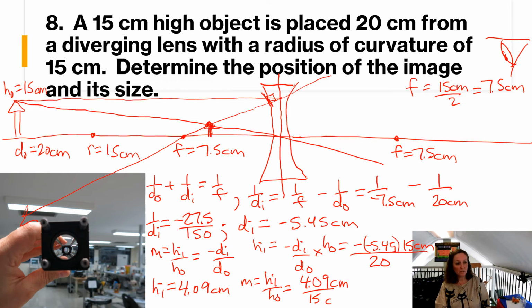Should really put your units all the way through, just to let you know that's a really good practice. 0.27. If you did magnification equals negative distance of image over distance of object, you should get the same answer. And that's a really good check to see if you actually got to all the right answers on this.